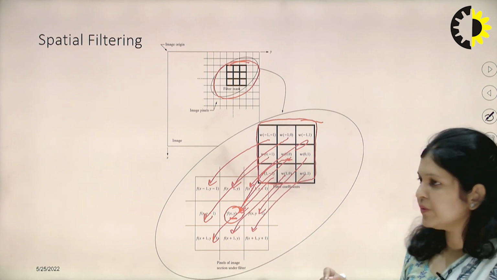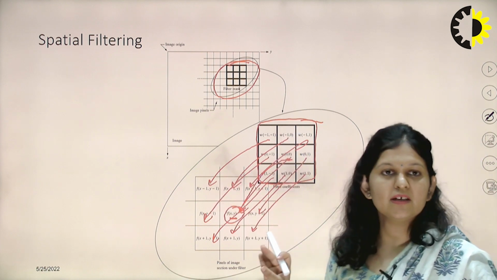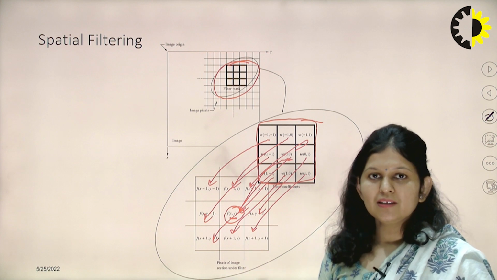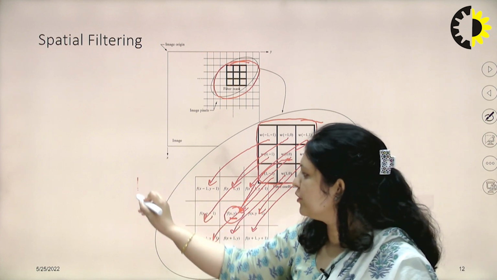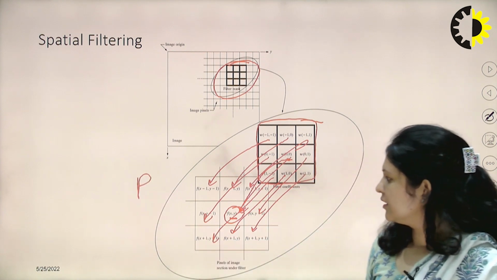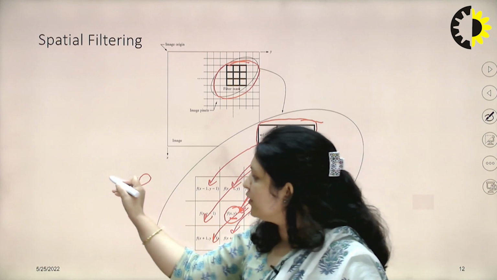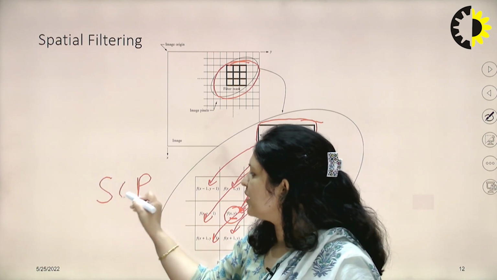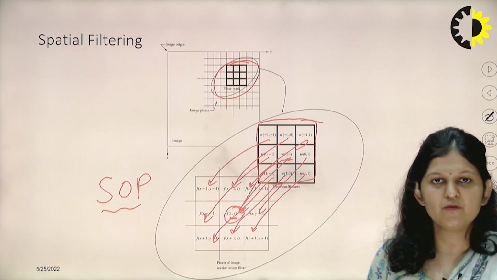Now the values of the mask which are superimposed over the image values would be multiplied with each other. That is, we will take the product of the corresponding superimposed values, and then we will do the sum. So the operation we are doing is SOP, sum of products.